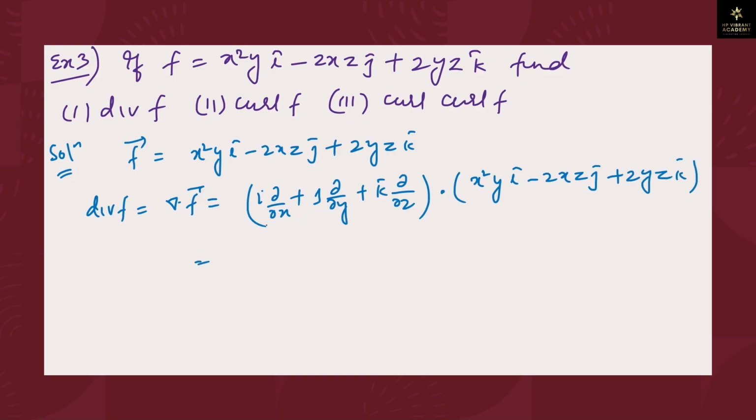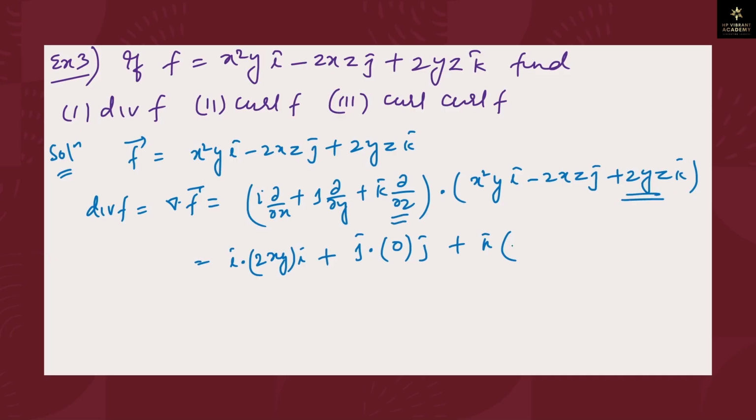So this is equal to i dot ∂/∂x of x²y. So this is 2xy times i cap, and i cap dot i cap is 1. Similarly, this is j cap dot ∂/∂y of this one, so this is 0, 0 j cap, plus k cap dot ∂/∂z of this one.